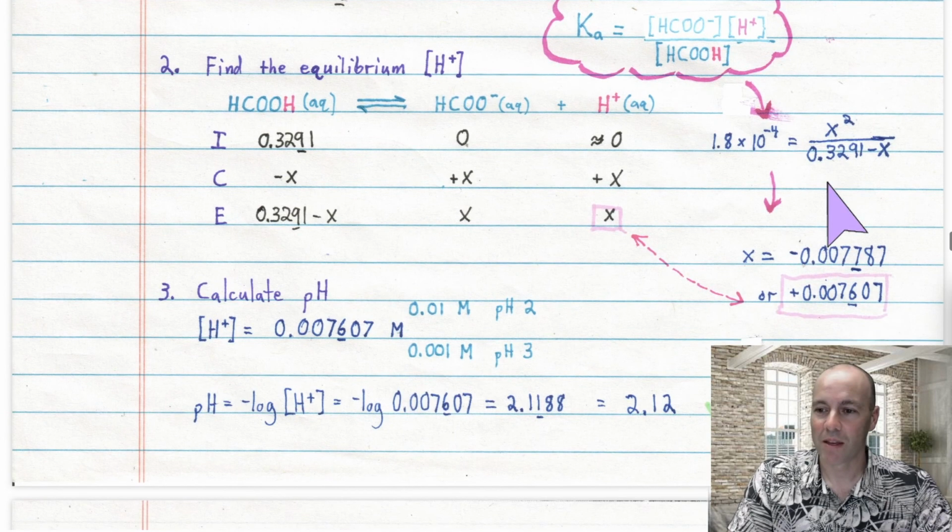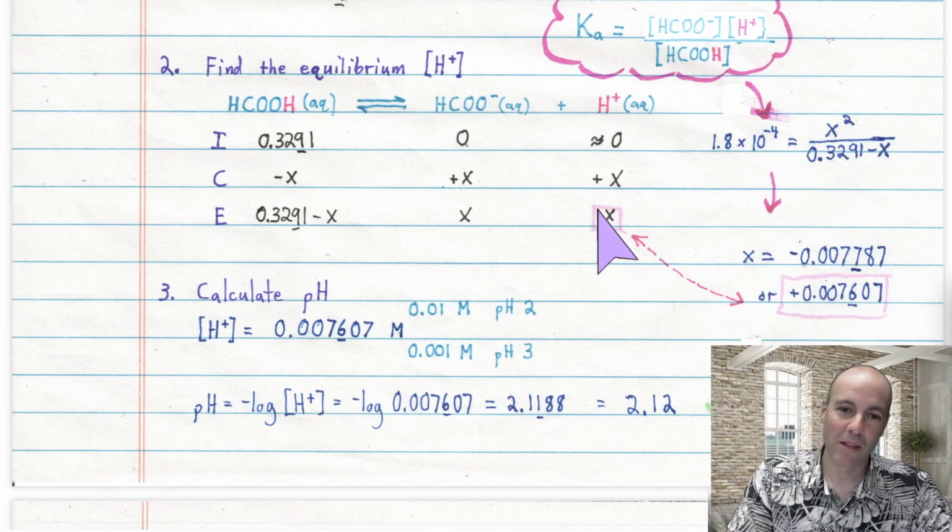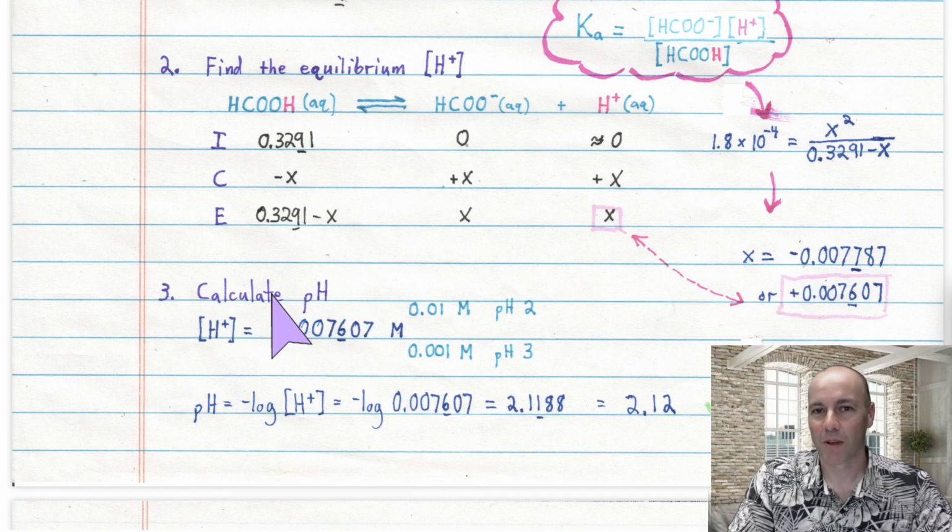And when we solve this for x, again, we get two answers because it's a quadratic equation, a complicated one to solve. It might take you a little while, but you can solve it. And you'll get two answers, and only one of them makes sense. You can't have negative concentrations. It has to be this one. So that's the proton concentration at equilibrium, 0.0076.